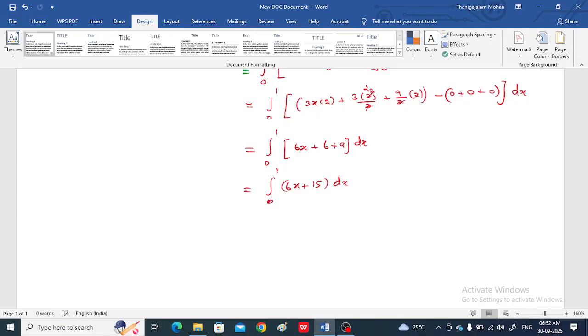Again integrate this with respect to x, you will get 6x square divided by 2 plus 15x, from 0 to 1.